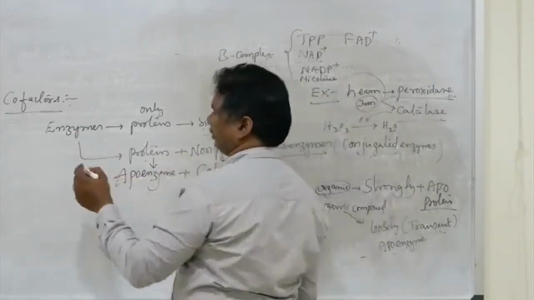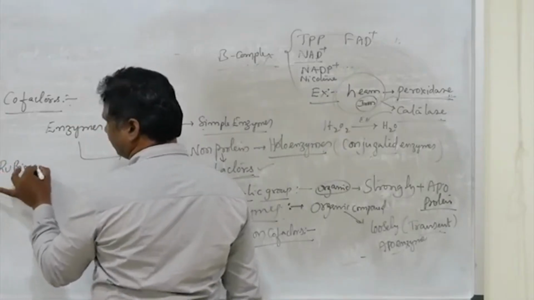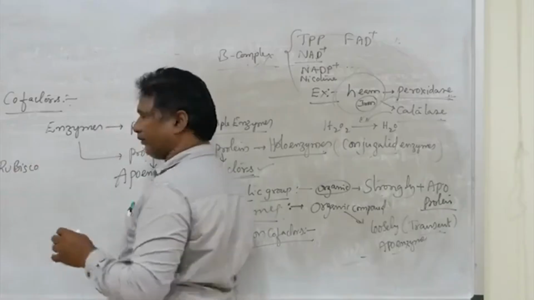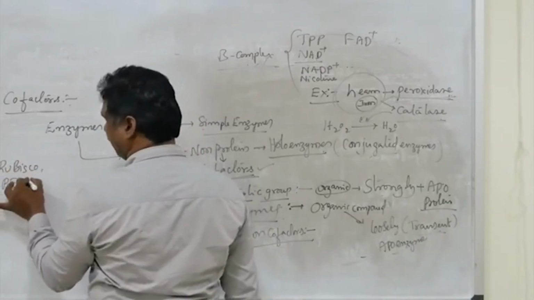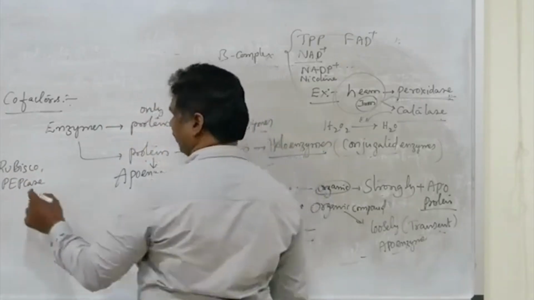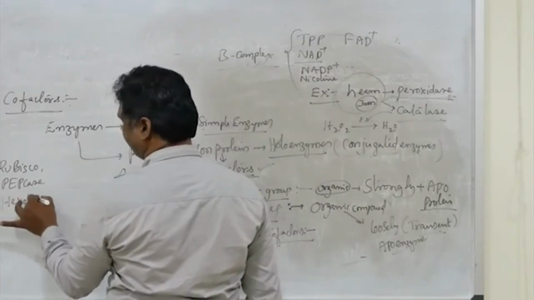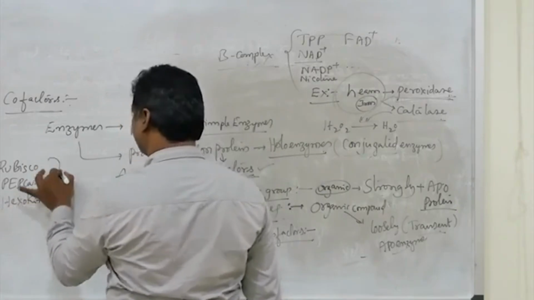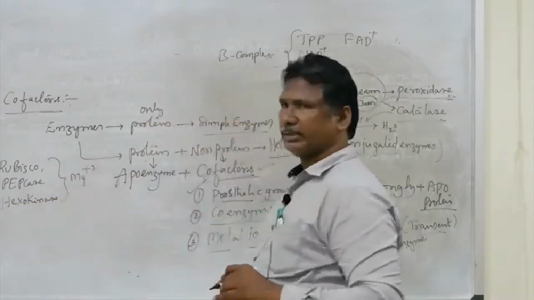Let us see some examples one by one. Rubisco, an enzyme involved in the Calvin cycle in photosynthesis, and PEPcase, phosphoenol pyruvic kinase, pyruvic carboxylase, hexokinase. These enzymes are activated with the help of magnesium ions.